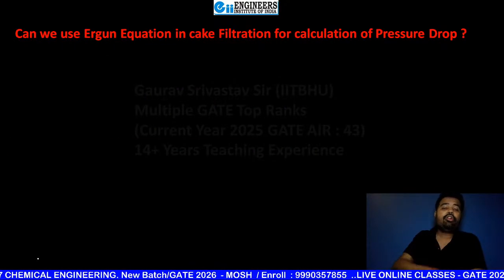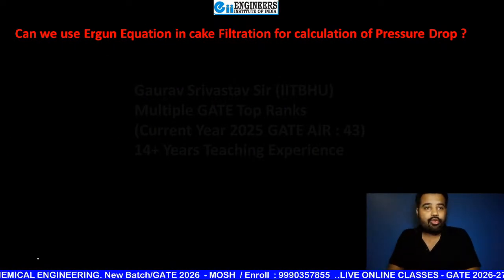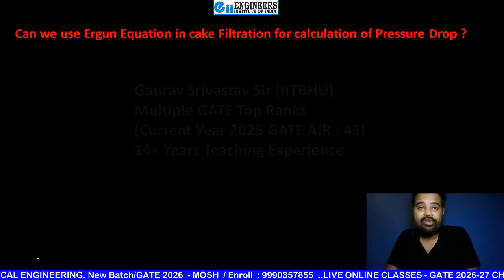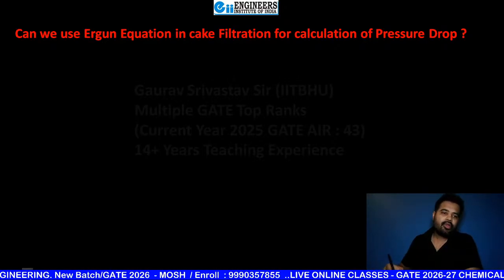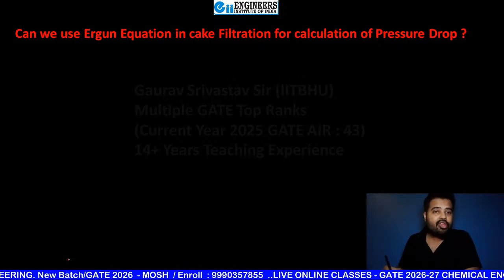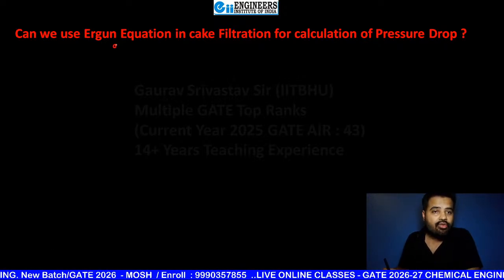So now here I want to ask you one beautiful question. Can we use the Ergun equation in cake filtration for calculation of pressure drop? Or can we use the Kozeny-Carman equation? Can we use the Blake-Plummer equation?